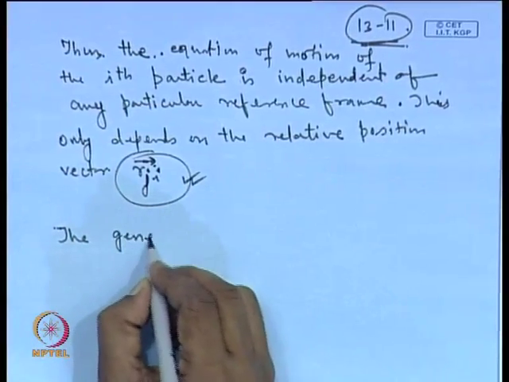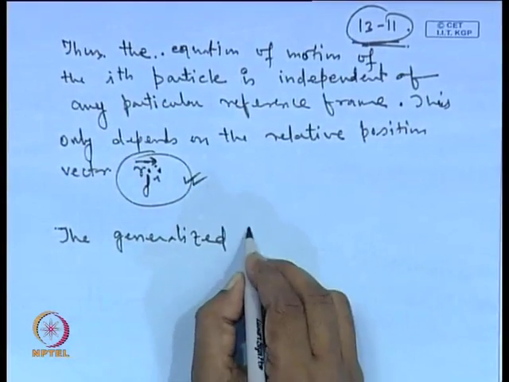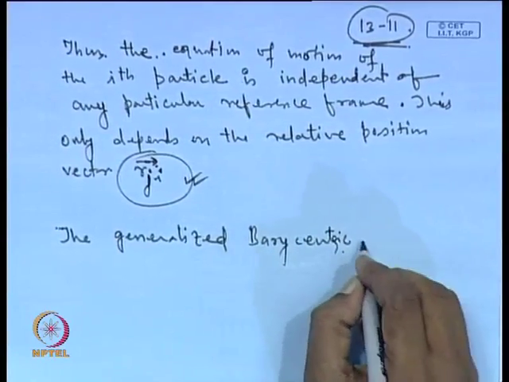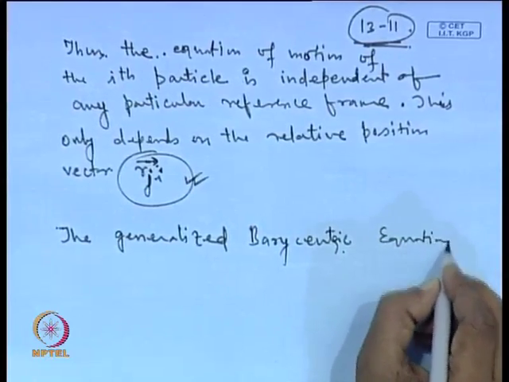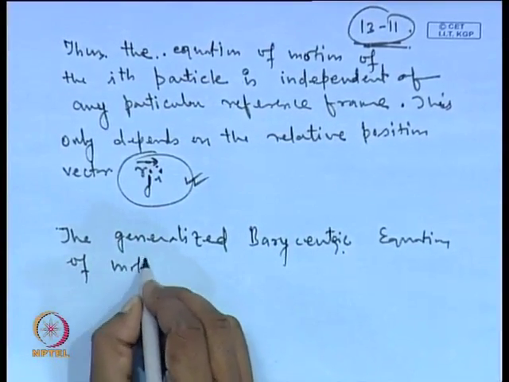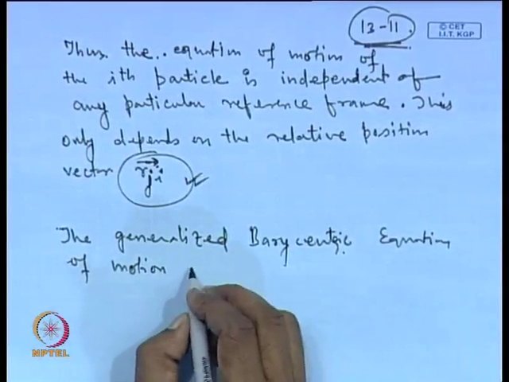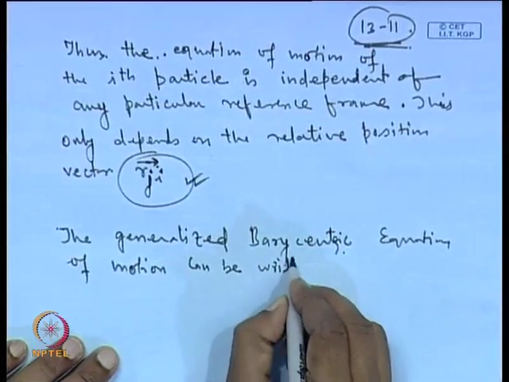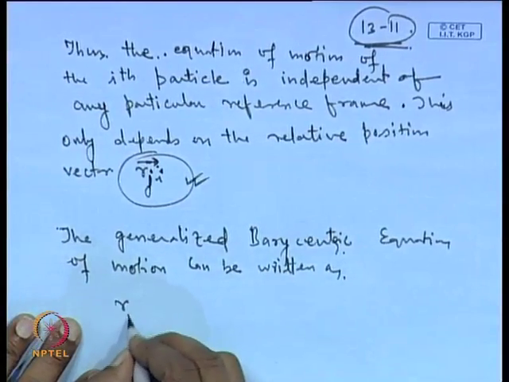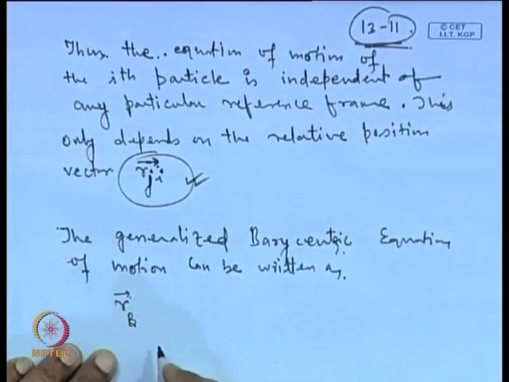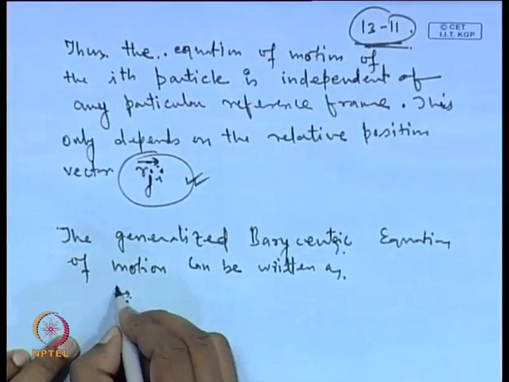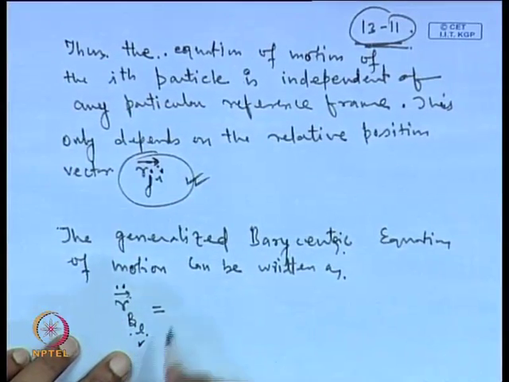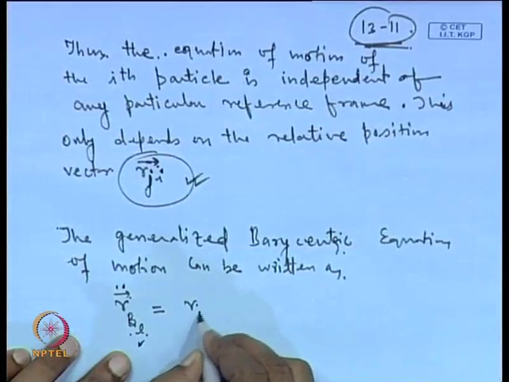The generalized barycentric equation of motion can be written as R_B L double dot. So, this is with respect to the barycenter, the motion of the Lth particle. In this case, we are taking this as the satellite.